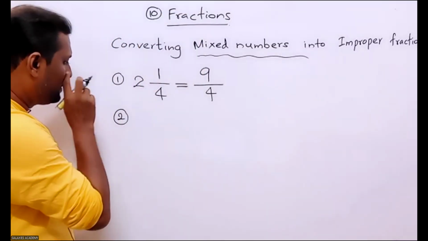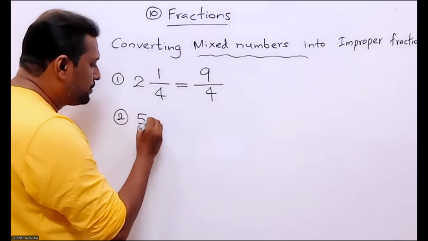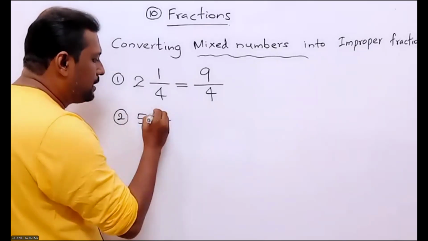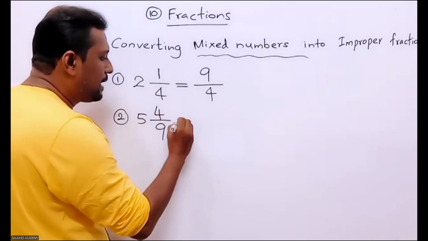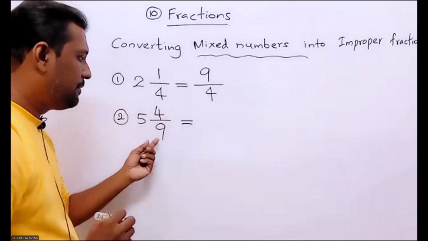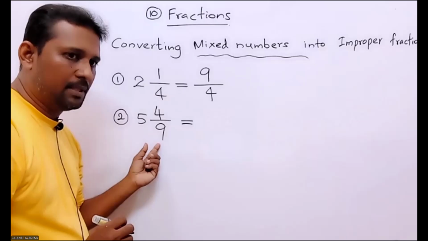Now look at another example. The second example is 5, 4 over 9. What is the denominator of this mixed number? 9.